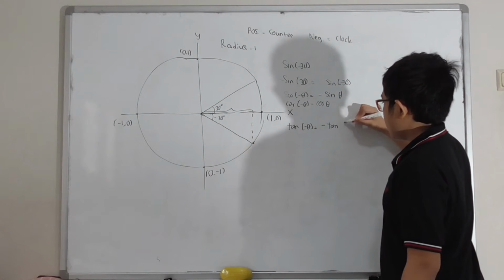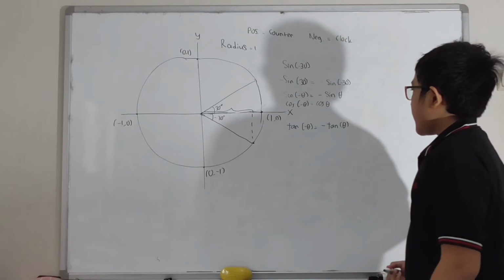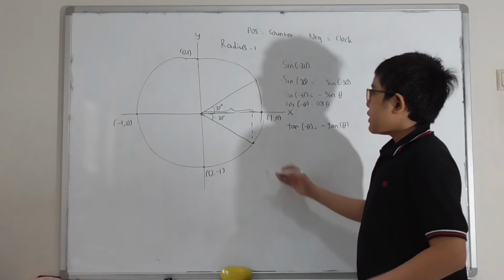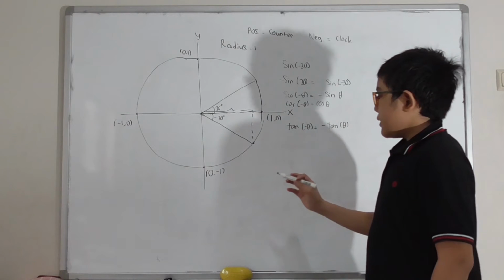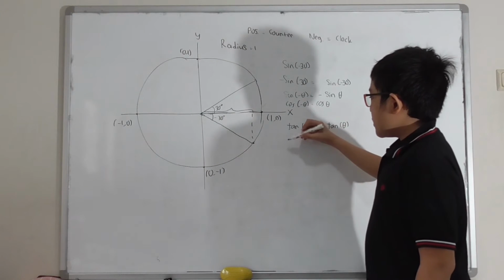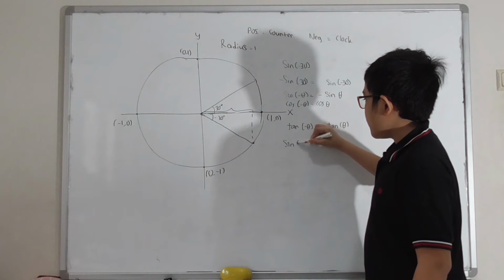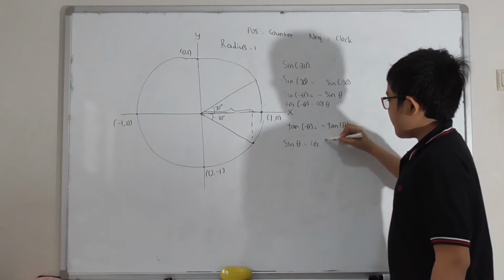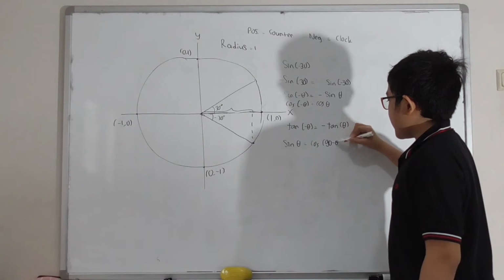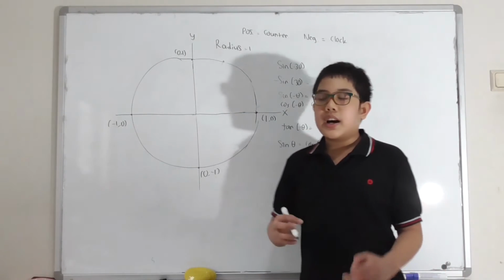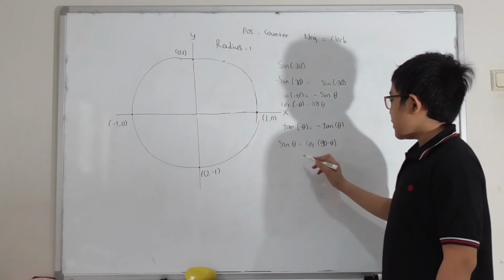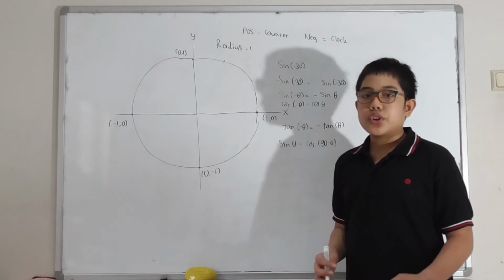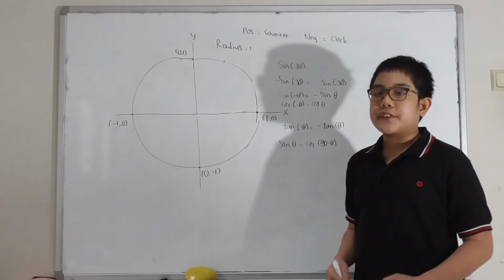And then there are lots of other identities that we can find out using our unit circle. For example, we know that sine of theta is going to be equal to cosine of 90 minus theta. Other than that, there are much more, and we're going to go into the depth of it in another video.